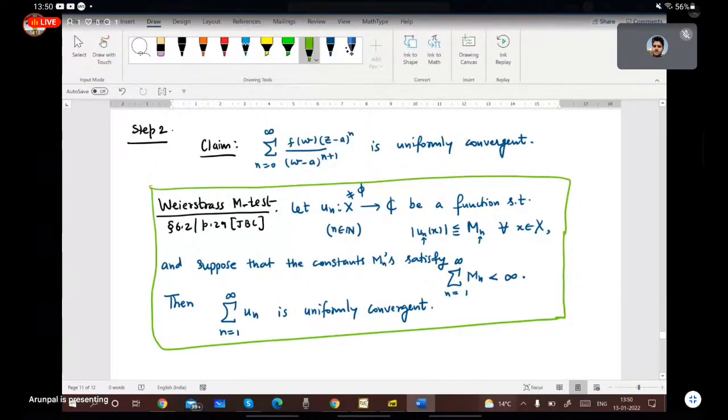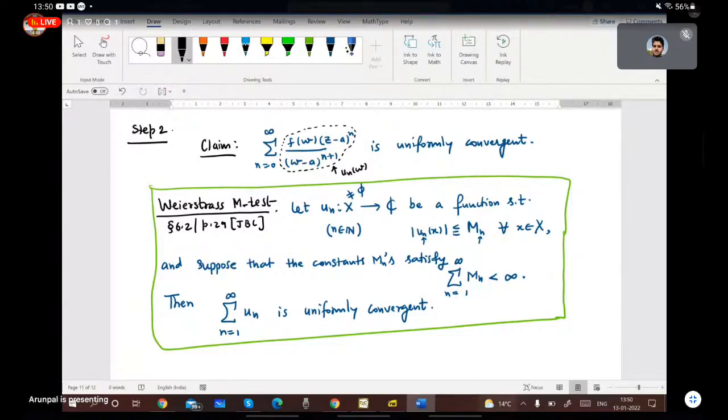So class, for us, let us say these are our u_n(w)'s, right? They are depending upon n, and w is variable. Class, take a note, w is moving on the circumference of that circle. z is any point chosen once and then it becomes fixed.